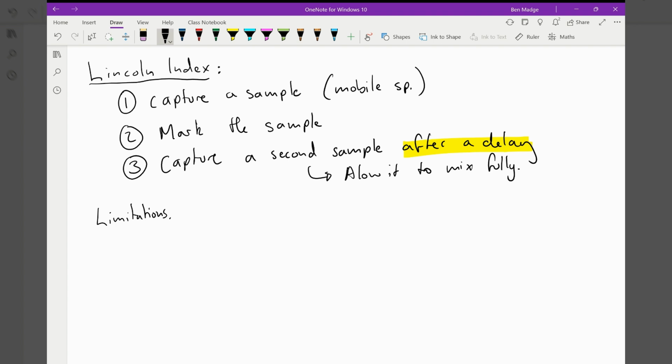And it doesn't just all remain clogged up in one place, because that would affect your results. And then we count how many of our second sample are marked.